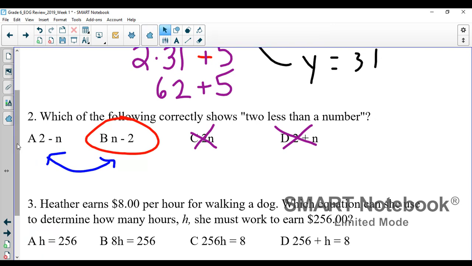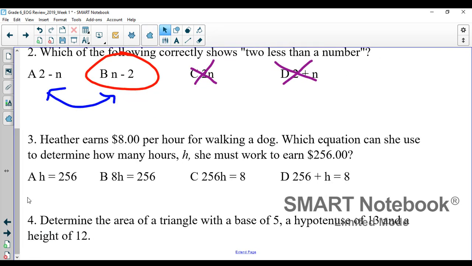Number three, Heather earns $8 per hour for walking a dog. Which equation can she use to determine how many hours H she must work to earn $256? So let's start with a couple pieces of information we know. I think the most important piece is that $256 is going to represent the total.